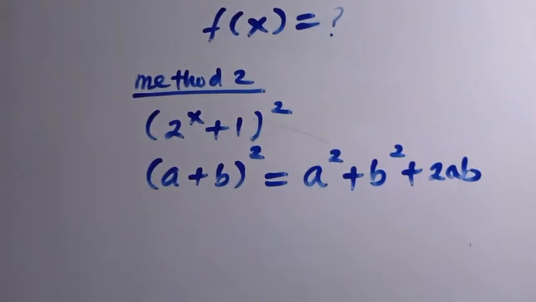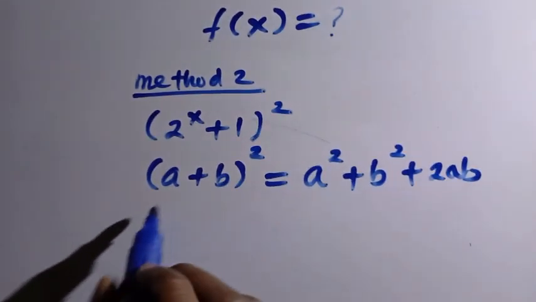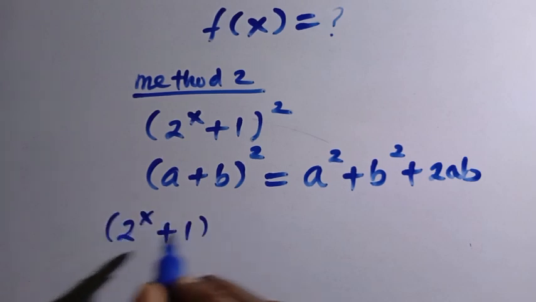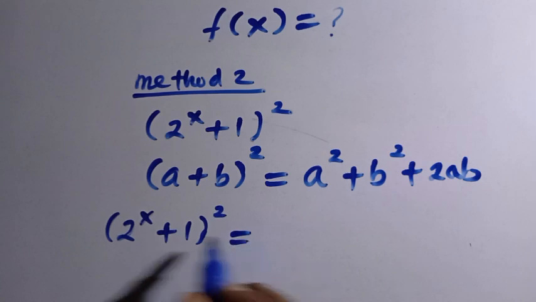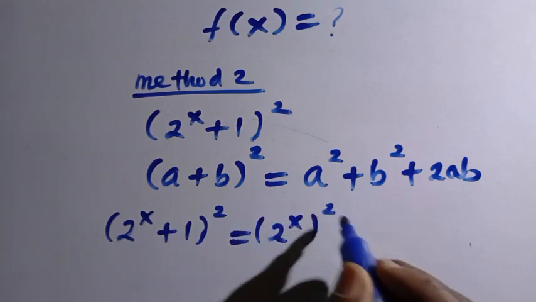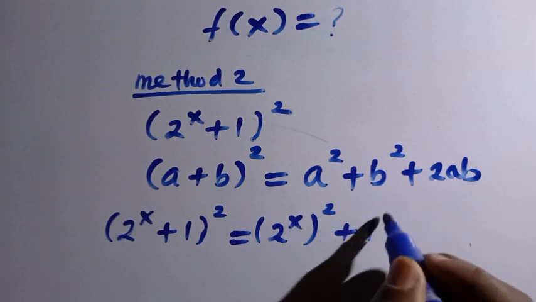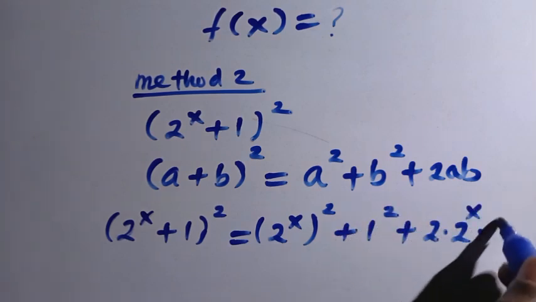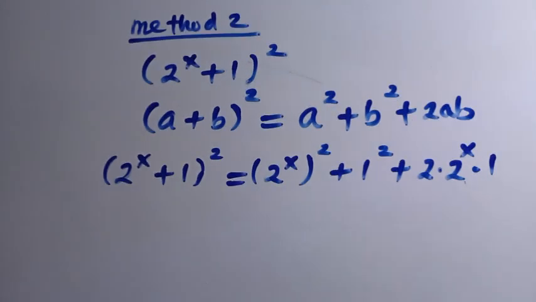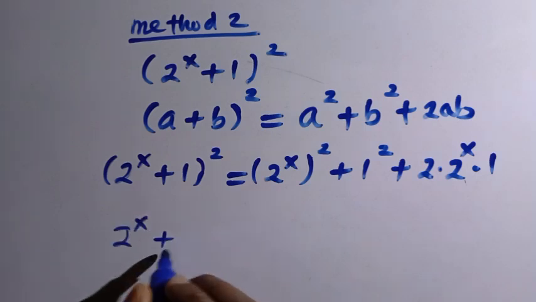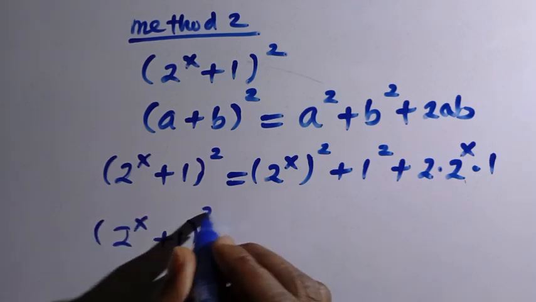And then by relating it with this, here we have 2 power x plus 1 raised to power of 2 equals 2 power x raised to power of 2 plus 1 squared plus 2 multiplied by 2 power x multiplied by 1. So here it still remains 2 power x plus 1 all raised to power 2.